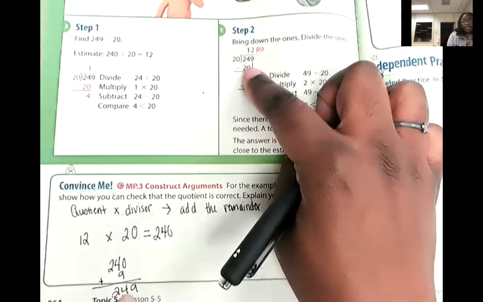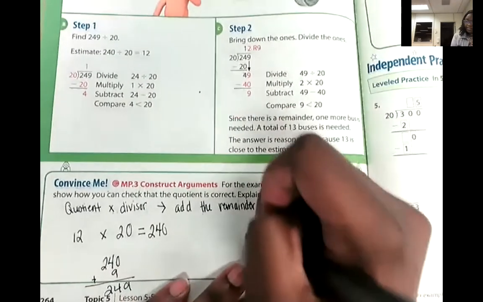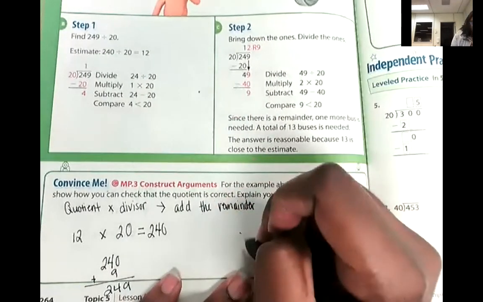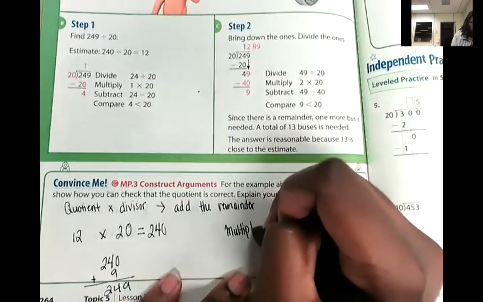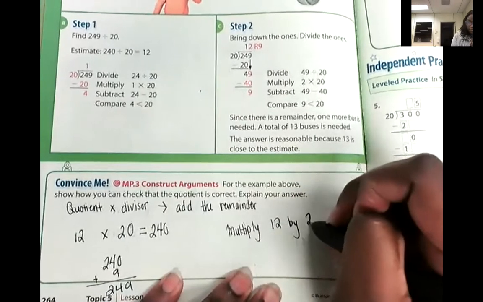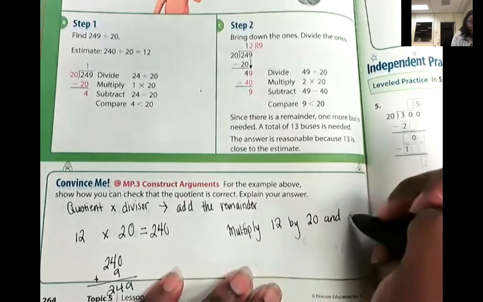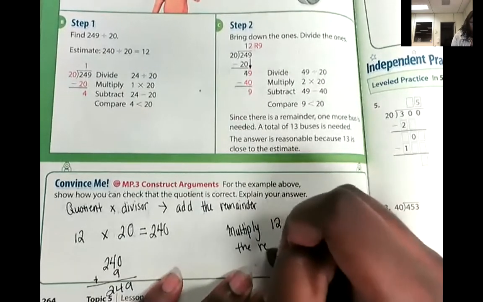The quotient is correct. All right. So we can write: multiply 12 by 20 and add the remainder.